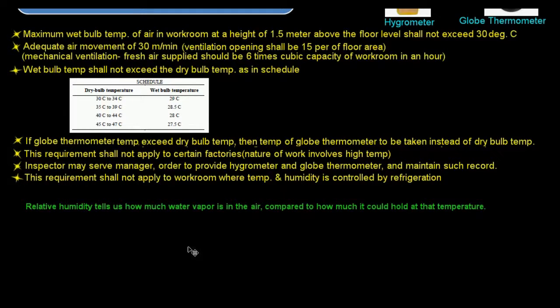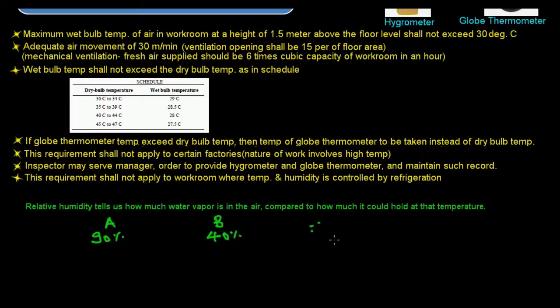I'll explain this. Suppose there are two places, place A and place B. Place A has 90% relative humidity and place B has say 40%. Now what is this 90% and 40%? As the definition goes, relative humidity tells us how much water vapor is in the air.